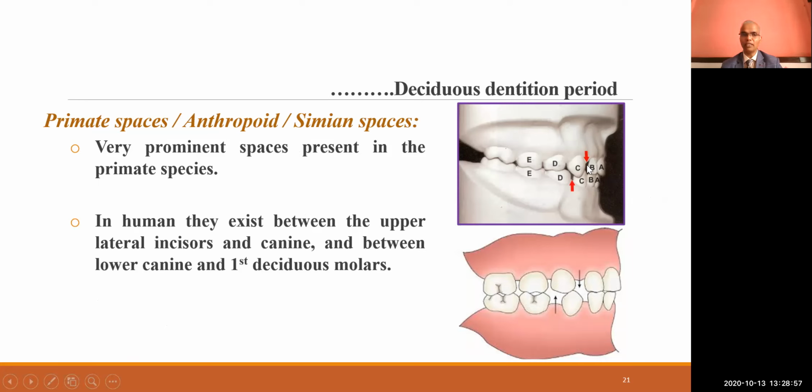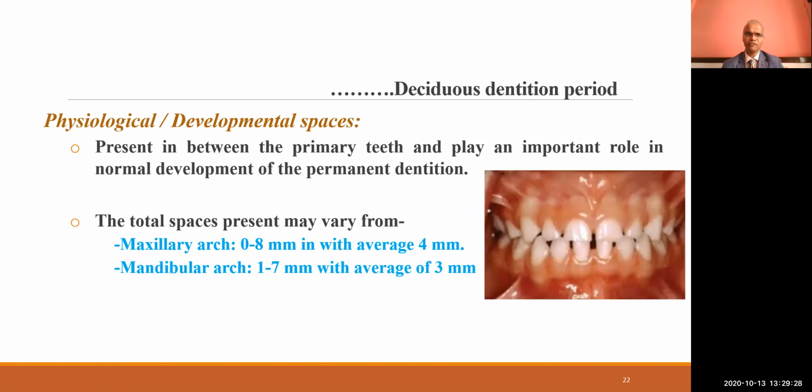In humans it exists between the upper lateral incisors and canines, and in the lower arch between the canines and deciduous first molars. So the primate space occurs mesial to the deciduous canine in the maxillary arch, and distal to the deciduous canine in the mandibular arch.